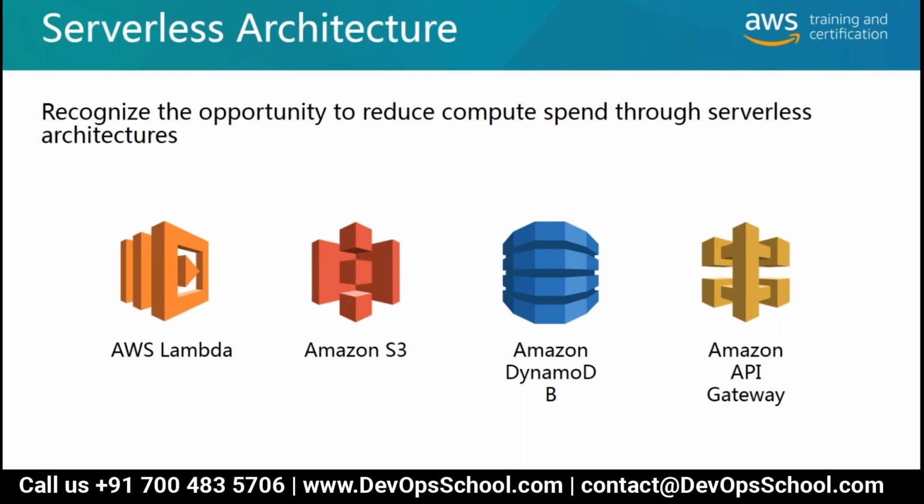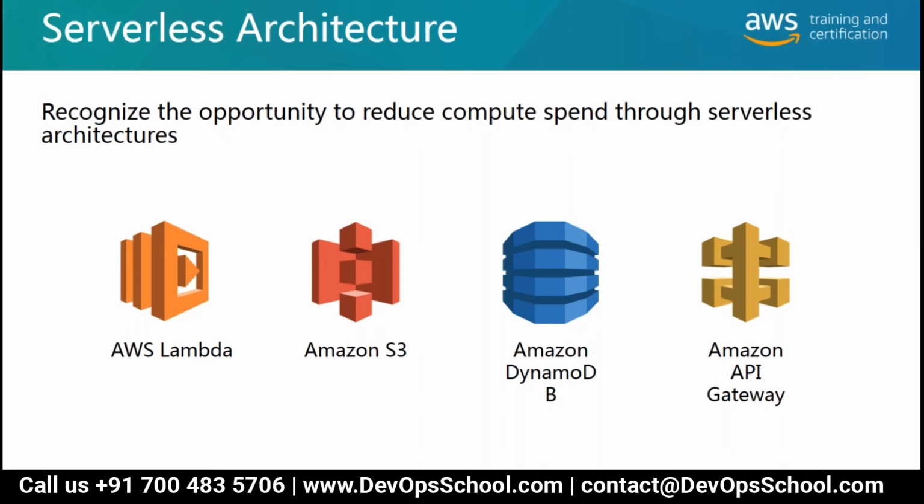Lambda lets you run your code without provisioning anything on servers. You don't want to provision VMs. You don't want to have EC2 spin up. You don't want to spend on compute. You only pay for the compute time you consume. So that's when you go for Lambda. And because there is no charge when your code is not running and is idle, you don't pay for unused resources.